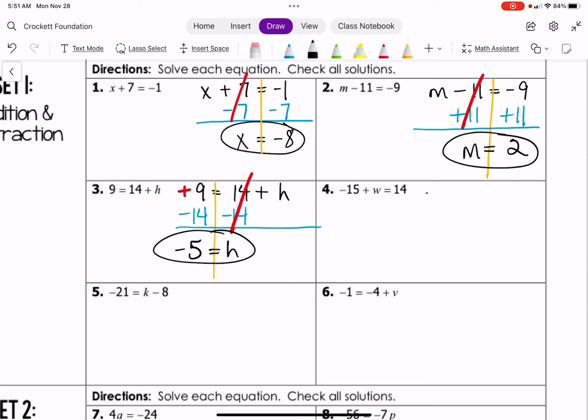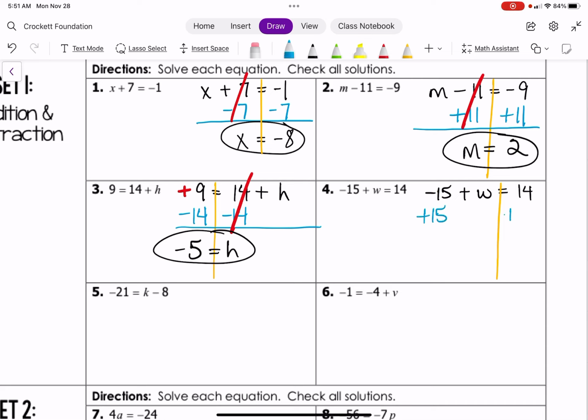All right, number 4. Once again, I'm just going to start off by rewriting it. Then I'm going to draw my line down the middle of my equal sign. There's 2 sides. I want to start on the left side because that's where the variable is. Now, if you notice, there's a -15 with that W. So what I want to do is get rid of that -15 by adding a positive 15.